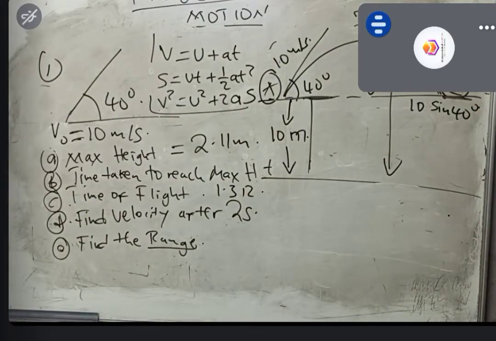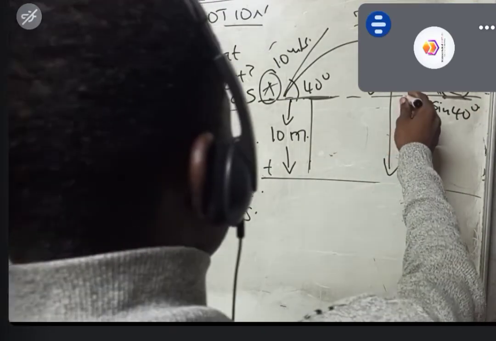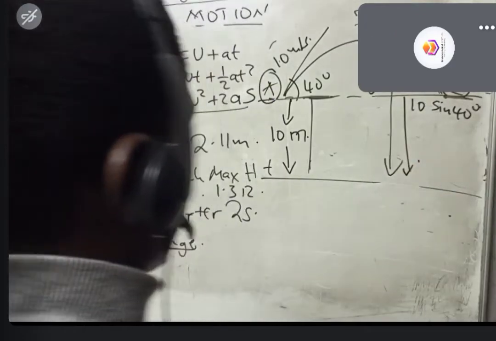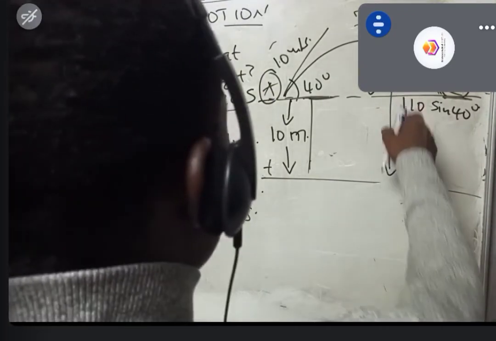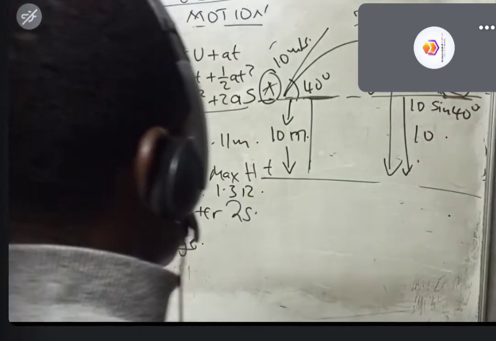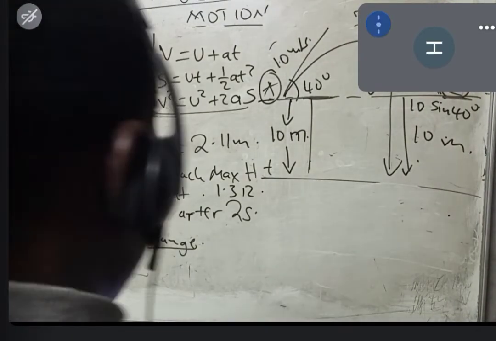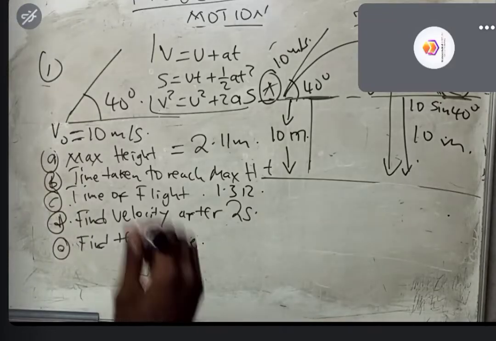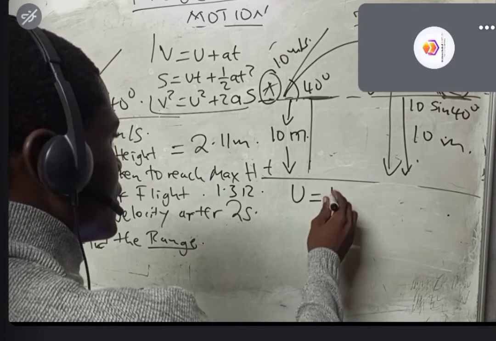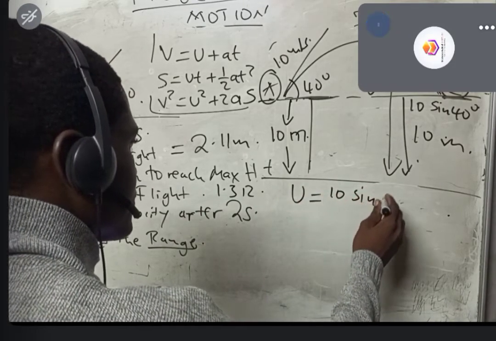So now you are going to say, okay, I'm now studying motion going down. The height from this C going down is 10 meters. So you say, okay, I'm going down from C. My initial velocity at C is 10 sine 40, right?